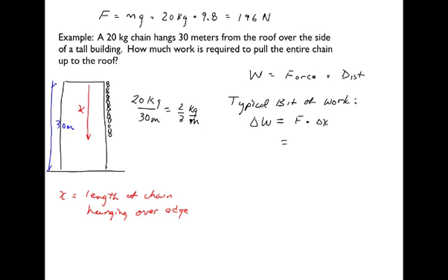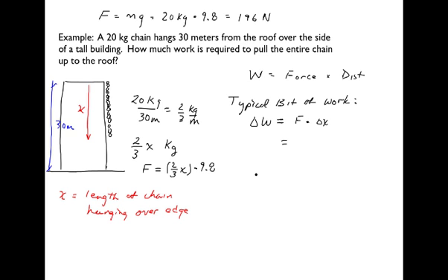And if I have X meters, how many kilograms is that? I have X meters of chain, right? So 2/3 X is the kilograms. And so now what's the weight then? The weight is M times G.